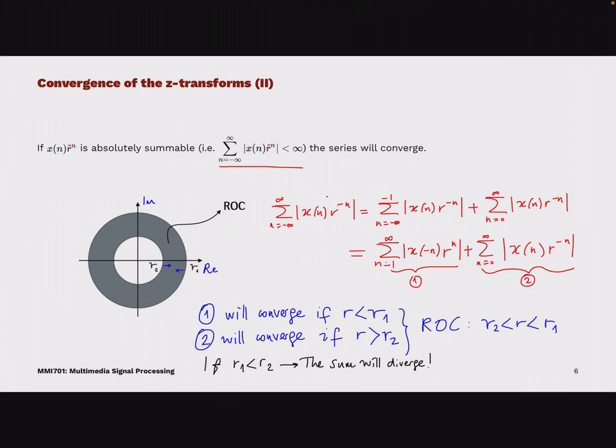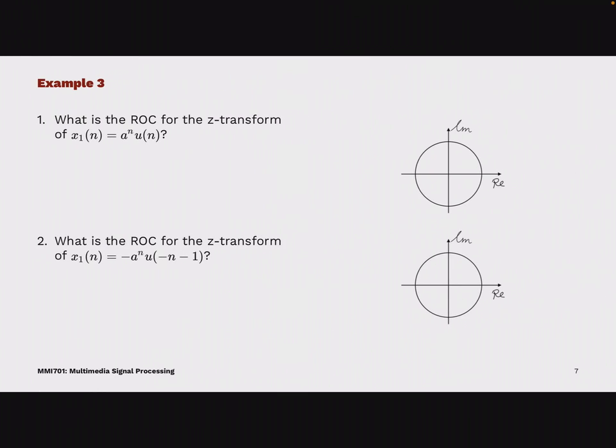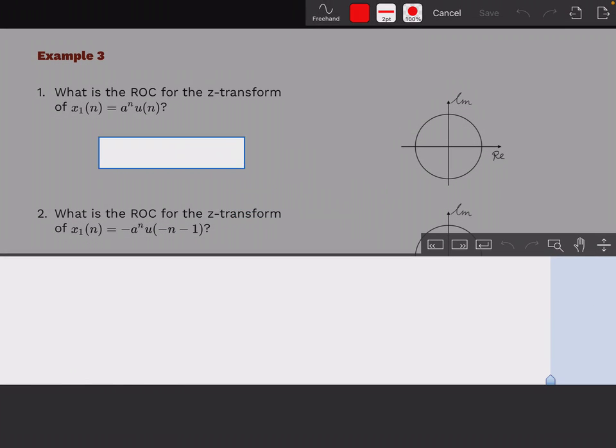All right, so let's give some examples to understand this concept a little bit better. So here is our first example. x1 of n is equal to a to the power n u of n. Now let's write the Z transform by using direct Z transform.